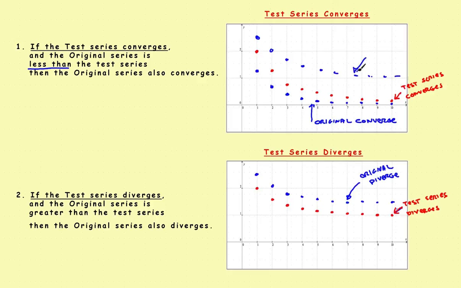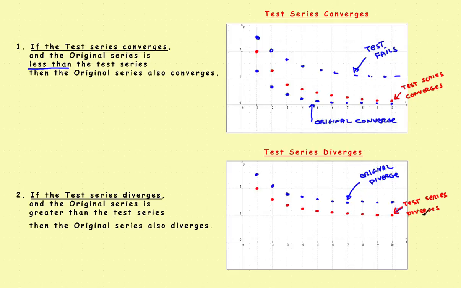Then in this case, since the red series converges and the blue series here is above the test series, you don't know if it converges or not. You'll never be able to tell. So in this case, the test fails. Again, this thing only works if the test series converges. You can only show that the original series converges. You can't tell anything about what happens if it's greater than.